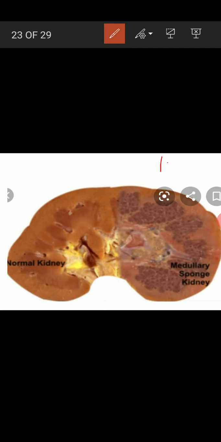The picture shows cut section of medullary sponge kidney on the right side. So this is the cut section of medullary sponge kidney on the right side, and on the left side this is a normal kidney. Now these are the pyramids of the kidney located in the medulla.